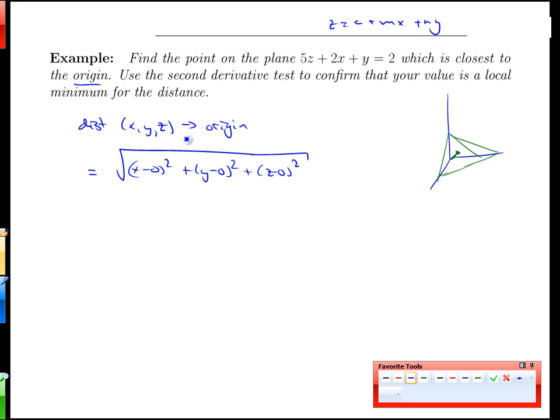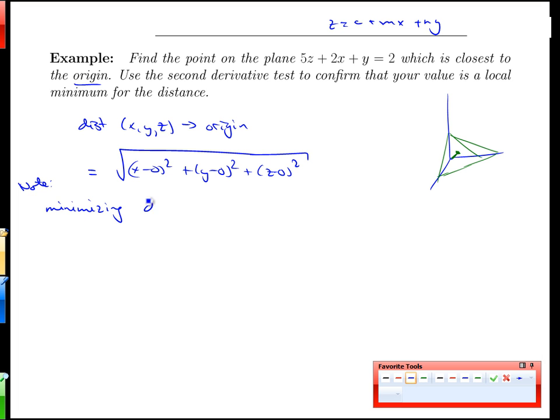Now, we know that once we have our function, we're going to differentiate it. I'm looking at that square root thinking, oh God, I do not want to carry around that square root the entire time that we're doing our calculus, because we'll have a nasty chain rule thing. It'll be a real mess. So I just make a note here. This is a very commonly used approach or trick.